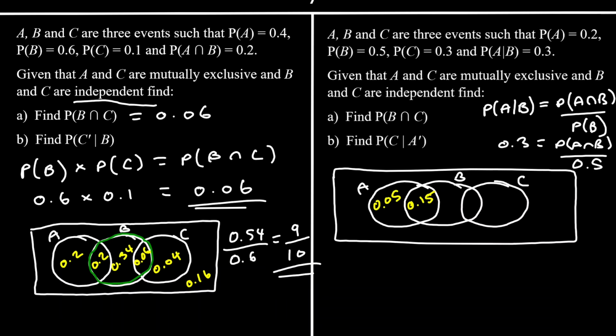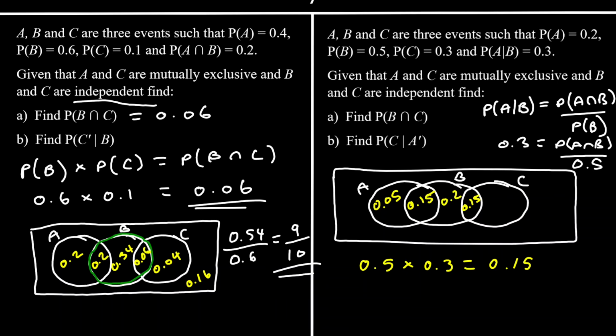So the probability of B, which is 0.5, times the probability of C, which is 0.3, is the intersection, so 0.15. And the whole B circle was 0.5. So we've got 0.15 and 0.15, which is 0.3. We need another 0.2.